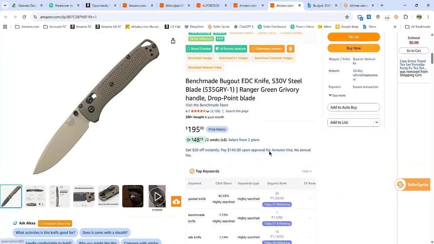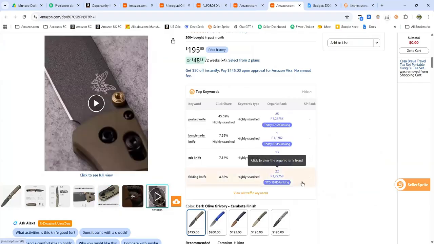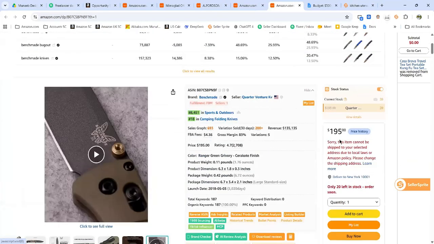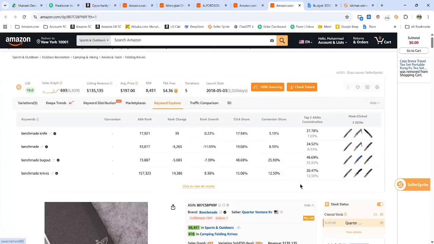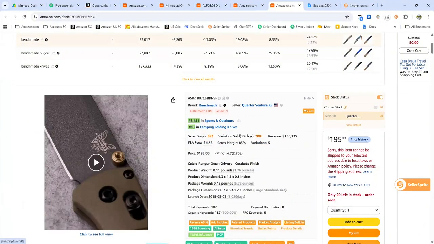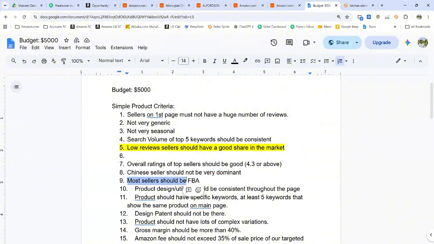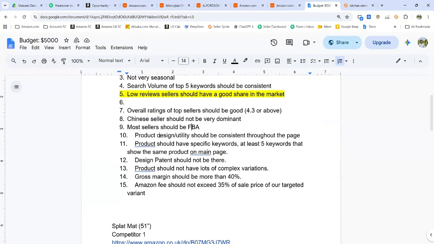So it means it's an experienced FBM seller. And mostly you'll not get the Prime badge here. So that's a basic thing to check as well.